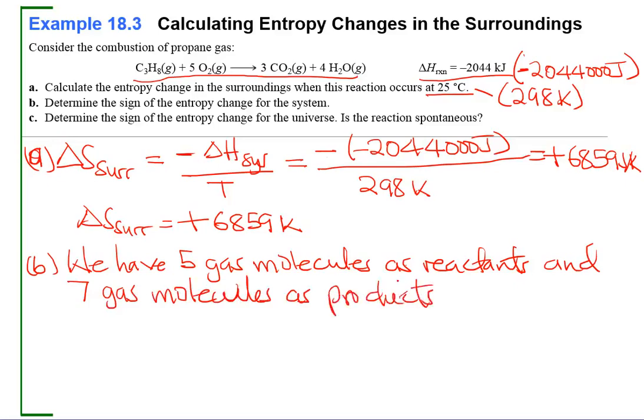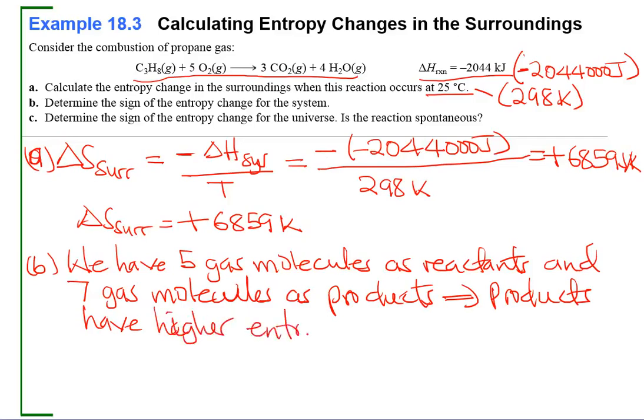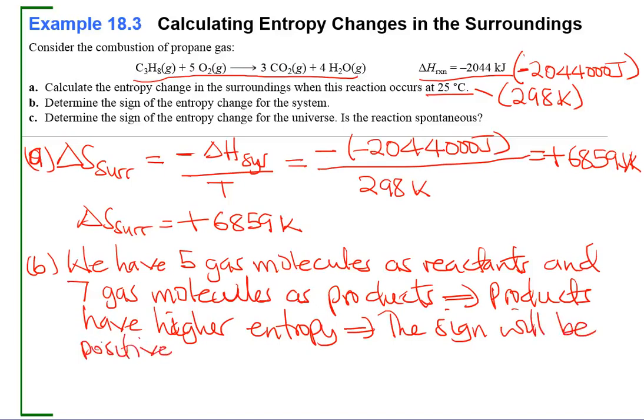This tells us that products have higher entropy. Therefore, the sign will be positive.